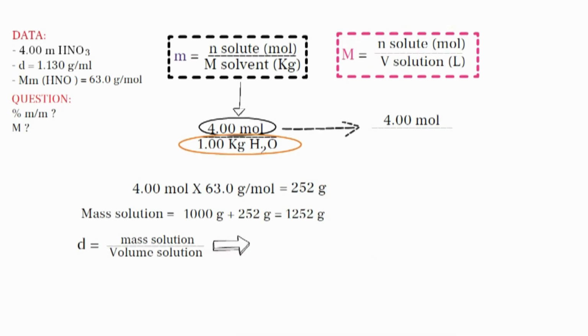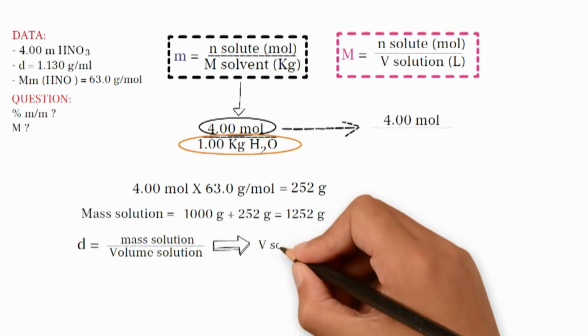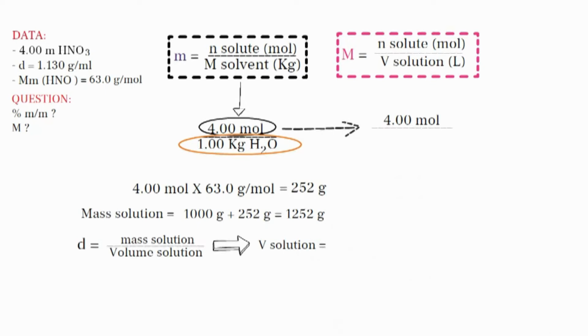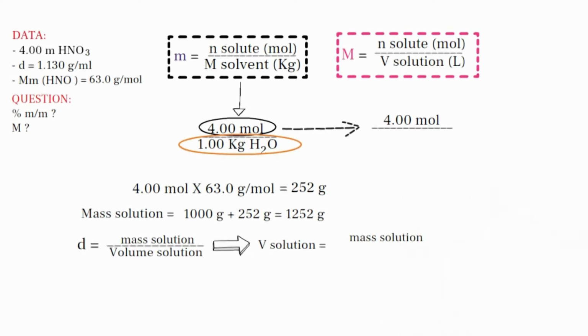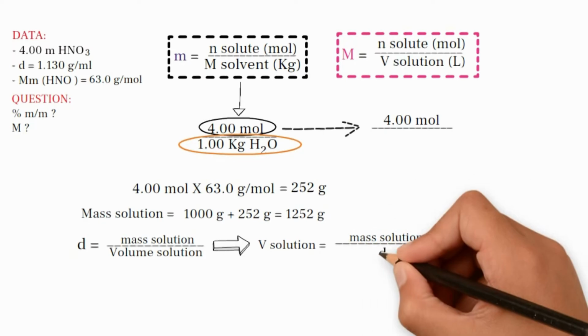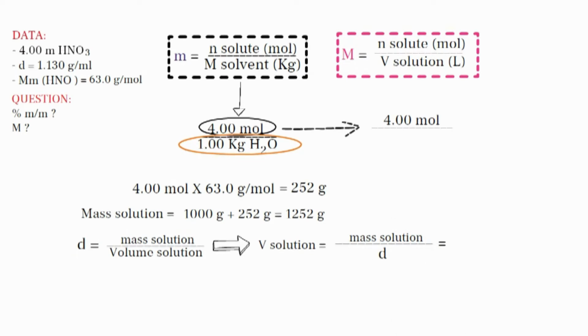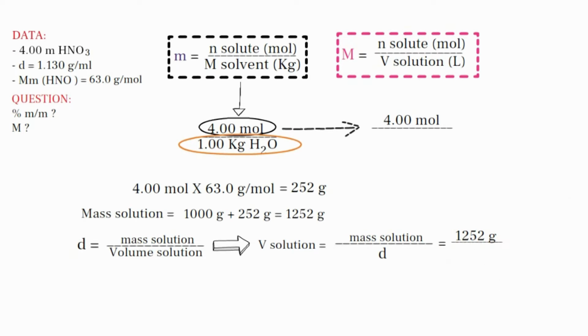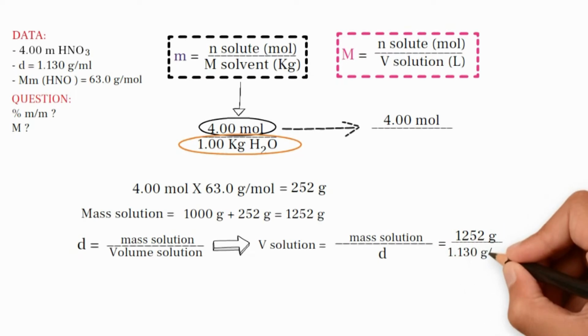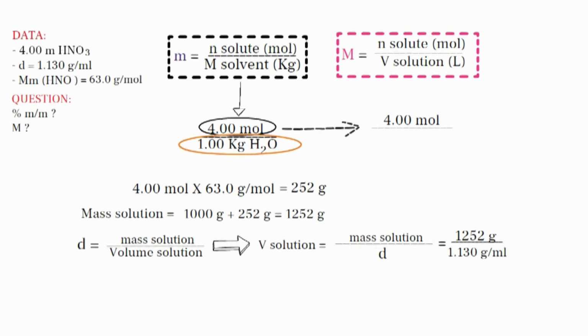So the volume of solution will be equal to the mass of solution divided by the density. Let's put in the numbers. Divided by 1.130 gram over milliliter. So the answer is 1108 milliliter.